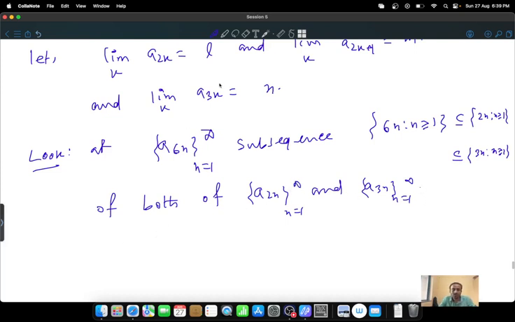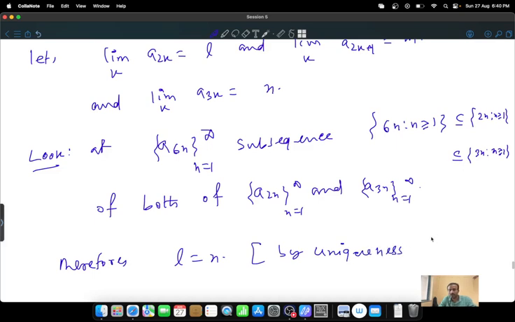So now A2n converges to L, A3k converges to N, and it is a subsequence of both of these. Therefore L equals N, because this subsequence converges to L and to N, and by uniqueness of limit they are the same.